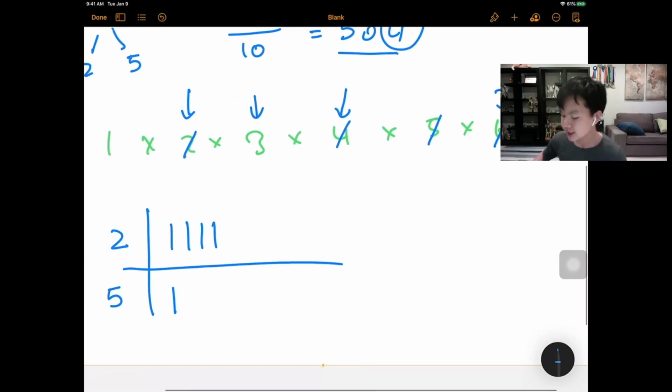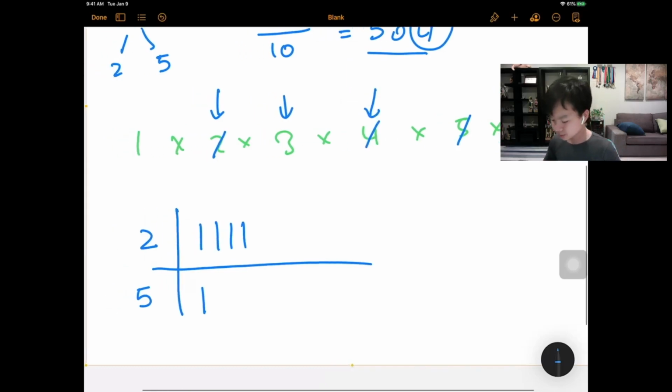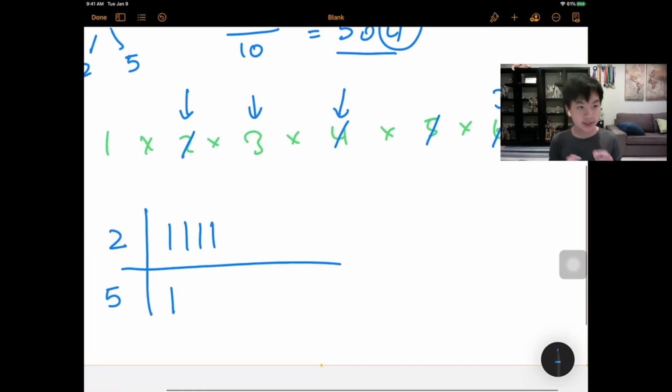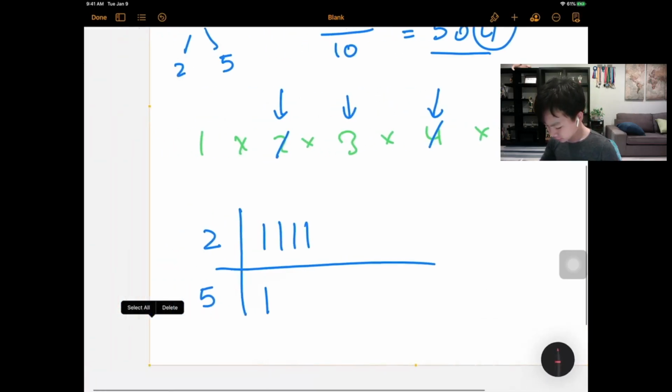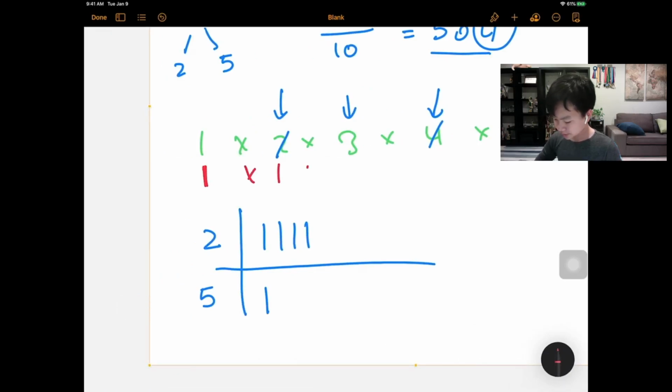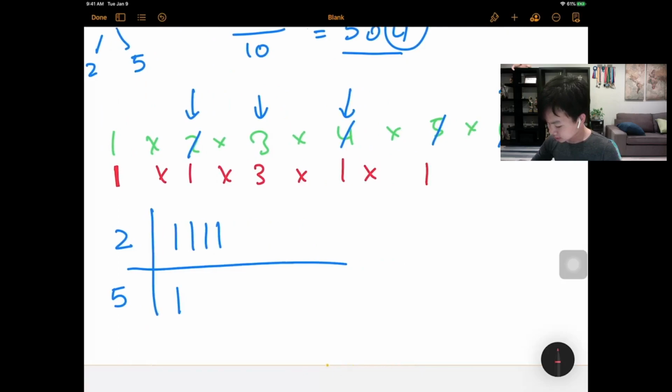So then this makes it a lot more simple, because what we can do next is just keep track of the digits that are currently left. We start off at 1, so we do 1 times 1 times 3 times 1 times 1 times 3 times 7.